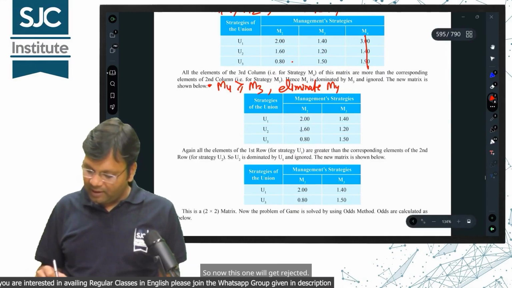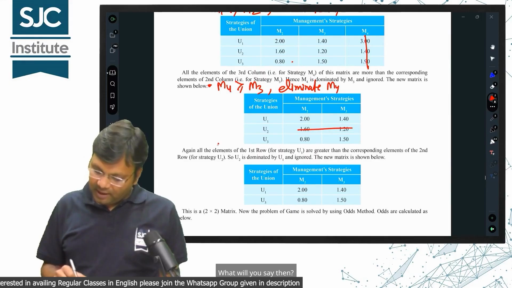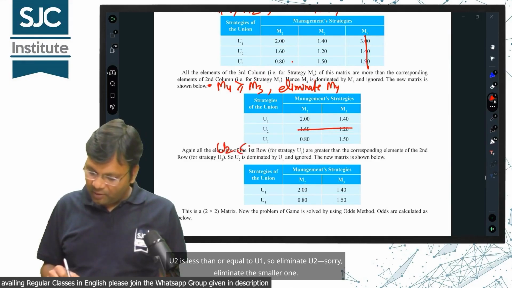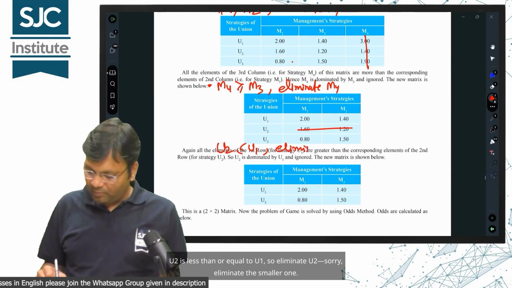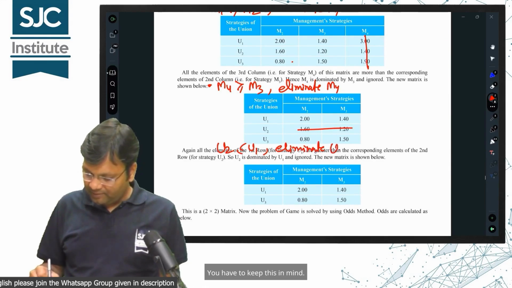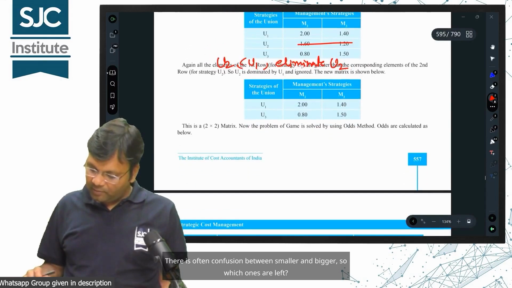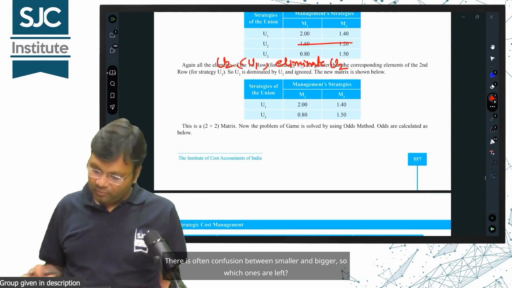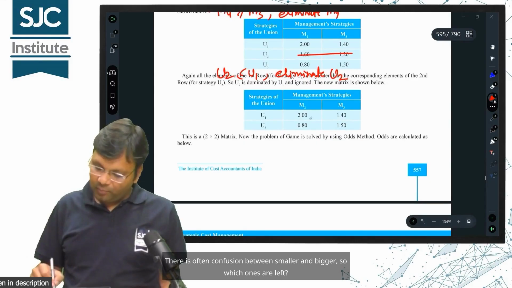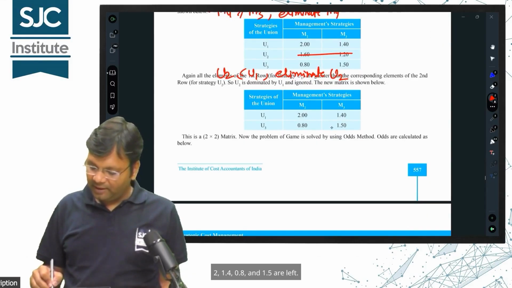So now this one will get rejected. What will you say then? U2 is less than or equal to U1, so eliminate U2. Sorry, eliminate the smaller one. You have to keep this in mind. There is often confusion between smaller and bigger, so which ones are left? 2, 1.4, 0.8 and 1.5 are left.